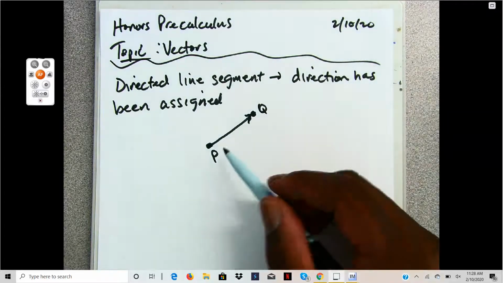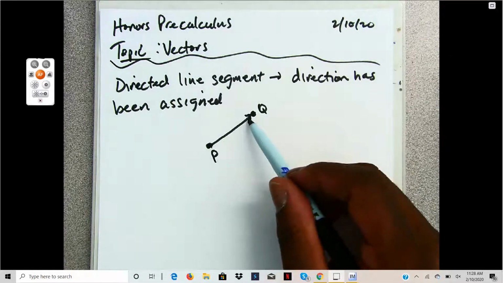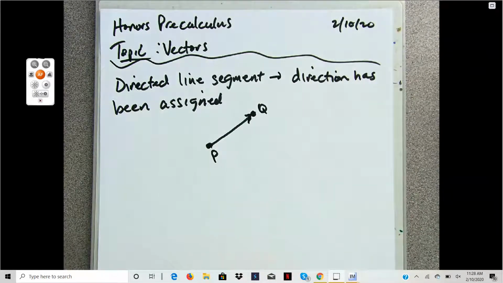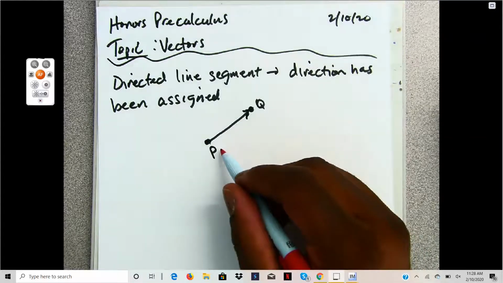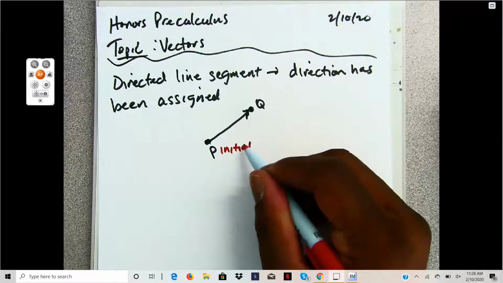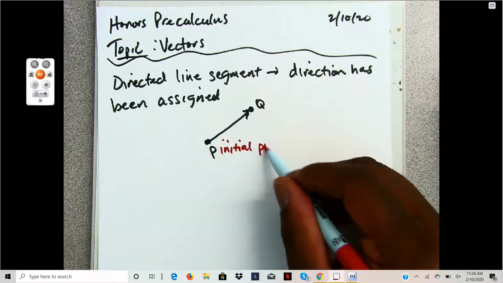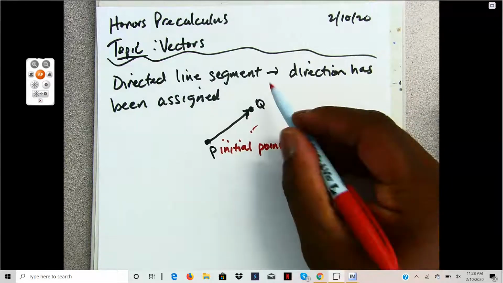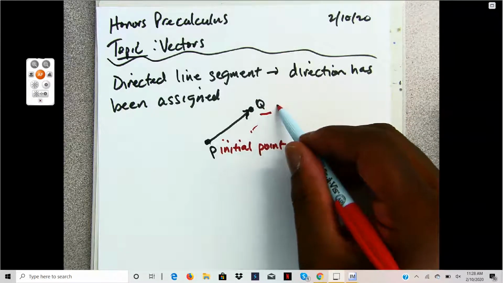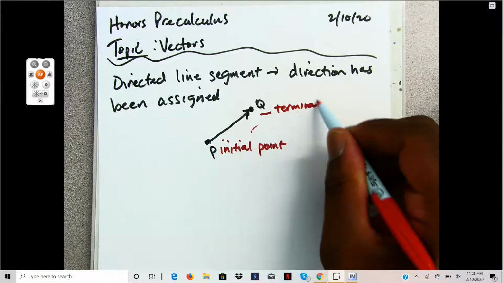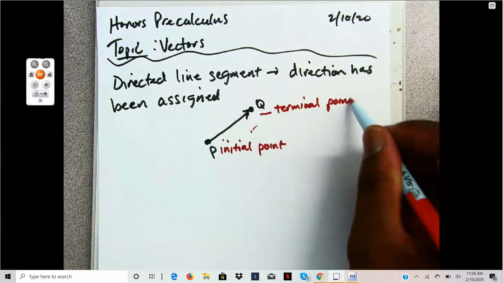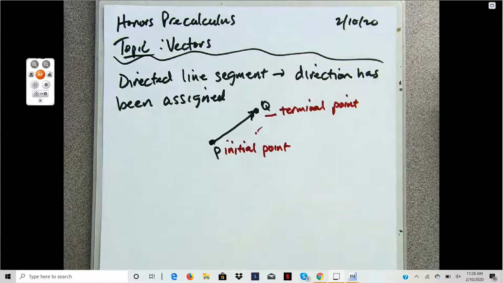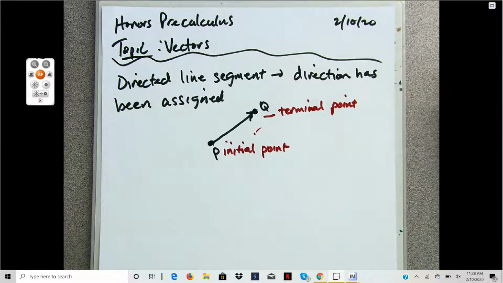So we have a line segment that goes from P to Q. P is the initial point, and Q is our terminal point. So this segment has direction going from P to Q.